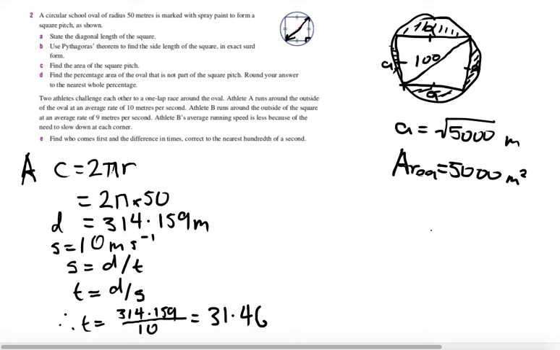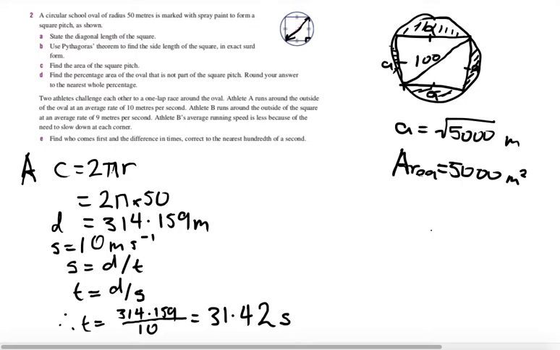I've written the wrong thing. 31.4159, which to the nearest hundredth of a second will be 31.42 seconds. Need to have those units there, very, very important.